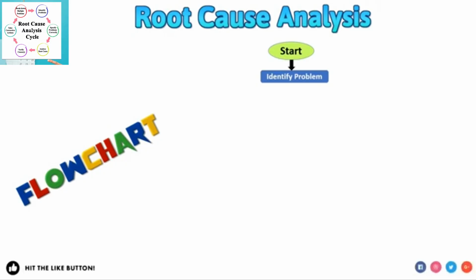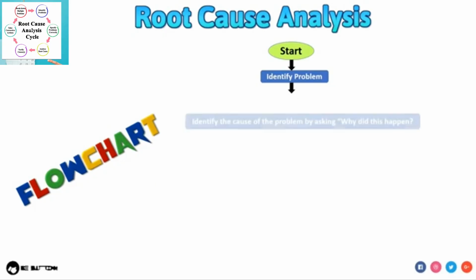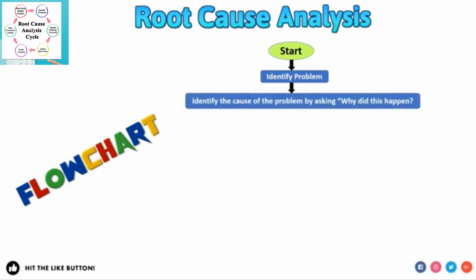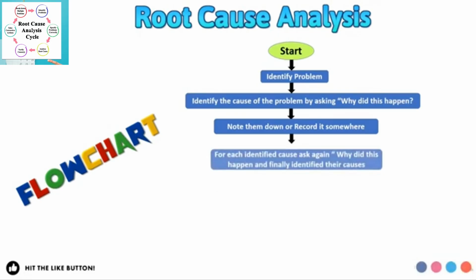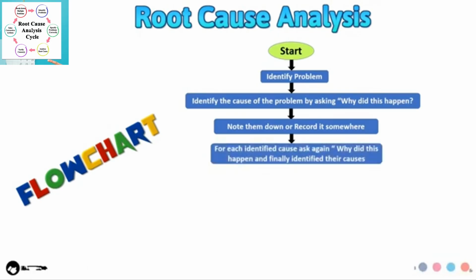Once you have identified the problem, it is time to identify the cause of the problem by asking, why did this happen? Then you note it down or record it somewhere. Then, for each identified cause, you again ask, why did this happen, and finally identify their cause. Now it is time to take a decision.